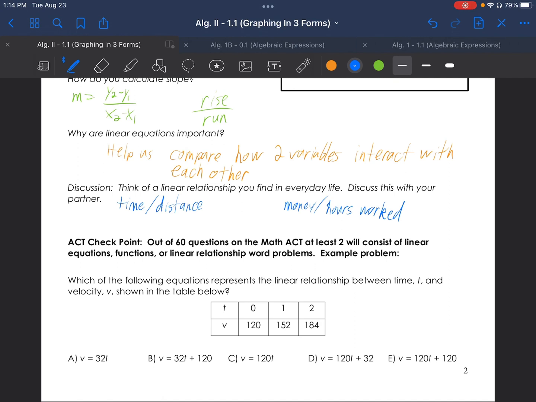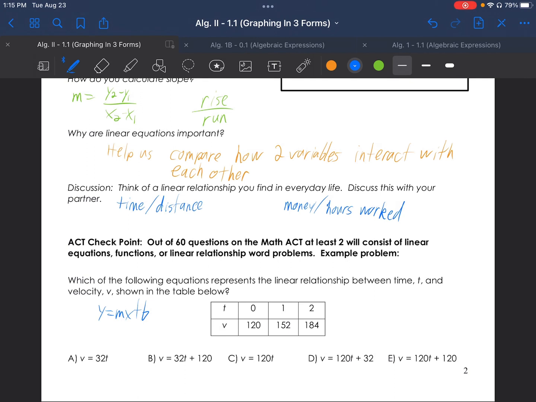So as I'm going through these, I want to start narrowing down options. If you remember, linear relationships, we can think of y equals mx plus b, and these are all written in that format. Just think of y as v and t as the x.